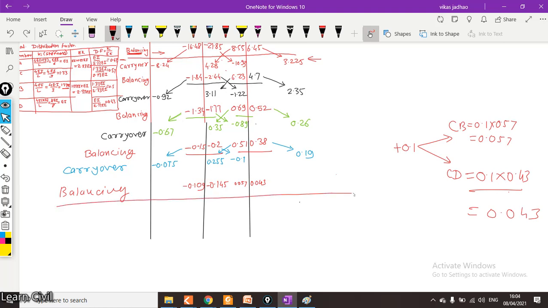So for stopping here, what you have to do, the final end moment will be the sum of all columns.